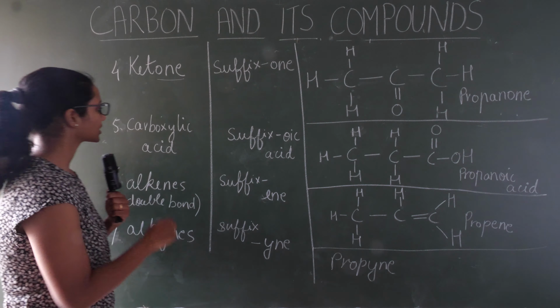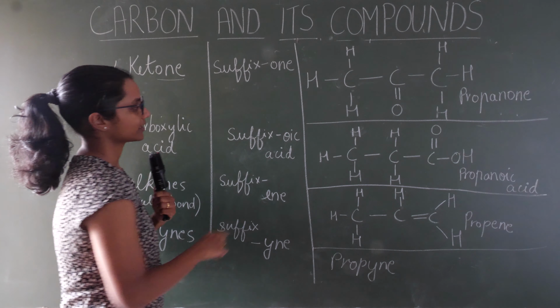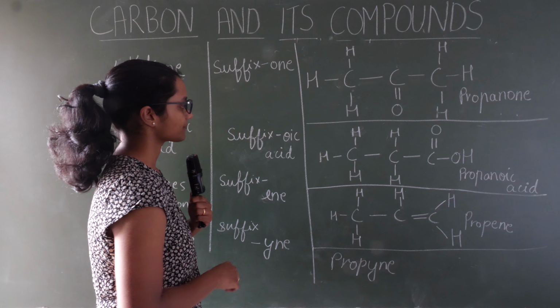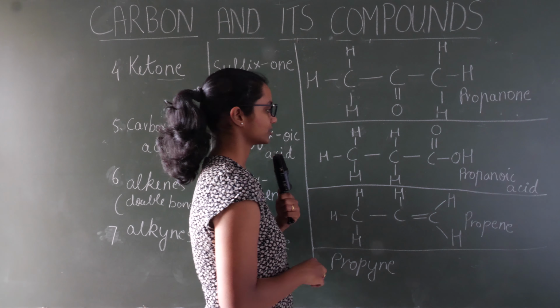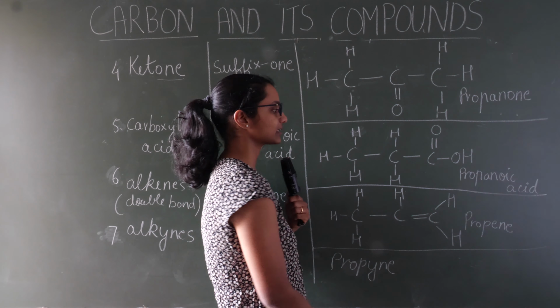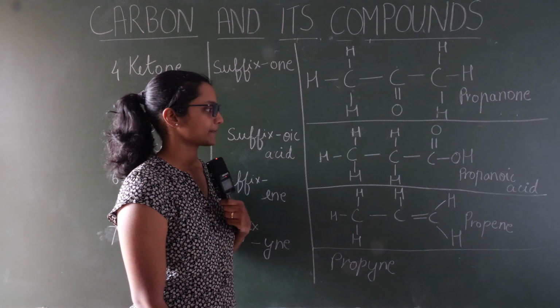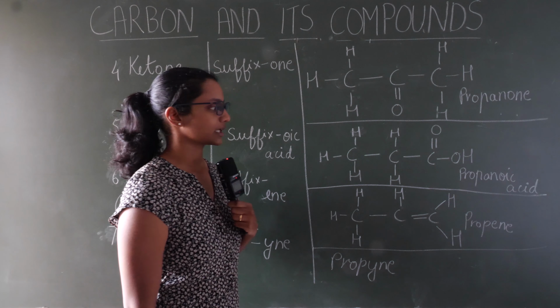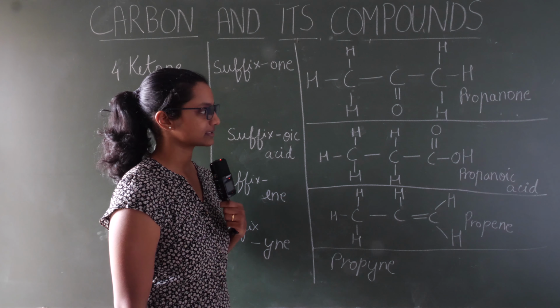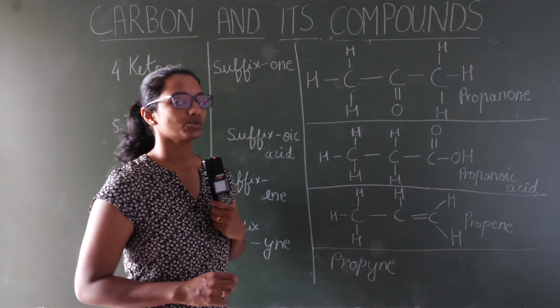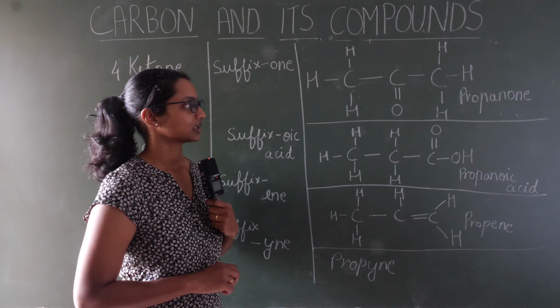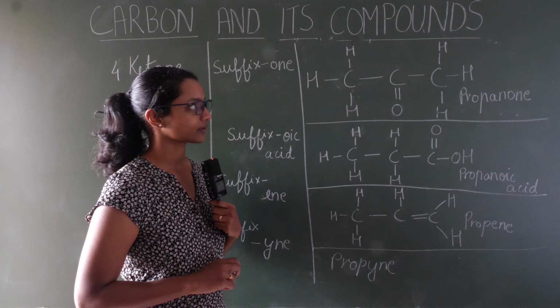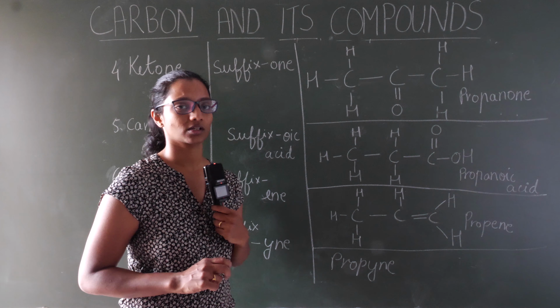Next is carboxylic acid attached as a suffix, oic acid. So 3 carbon atoms, propane. So eliminate the letter E, it's nothing but propanoic acid. So when you look at these names for the first time, it seems to be confusing.